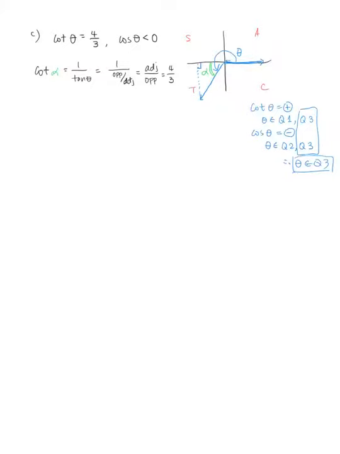With that said, adjacent side of alpha has length 4. Opposite side has length 3. To determine the hypotenuse, that's 4 squared plus 3 squared, square rooted. So square root of 16 plus 9, which is 25. So h is 5.